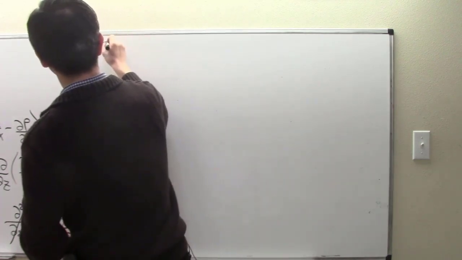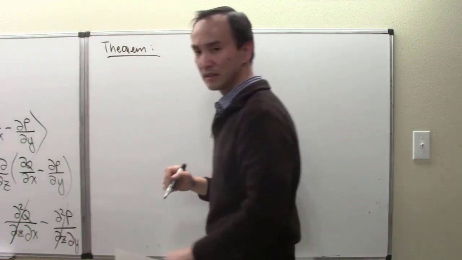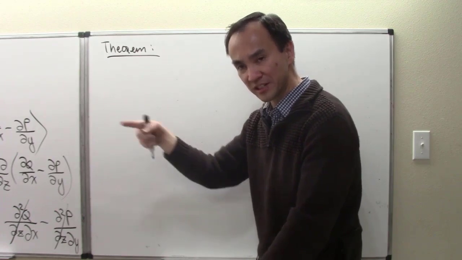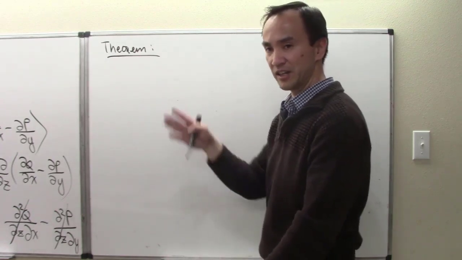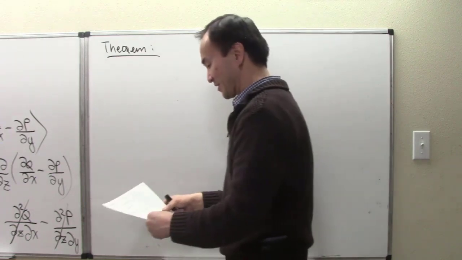All right, so now as a theorem, allow me to write only the briefly worded version of the theorem here, and you can find a detailed worded version in any of the textbooks that you're using.